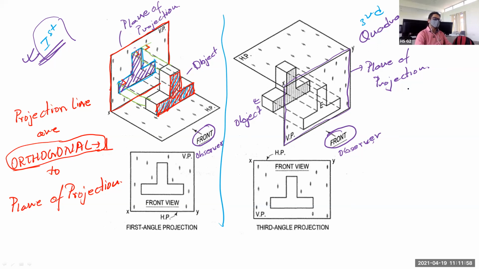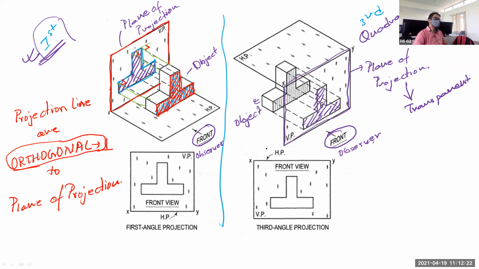So you can say that here the plane of projection is transparent. Then only the observer can see this object, and its projection is made over here. This is your true shape of the object.